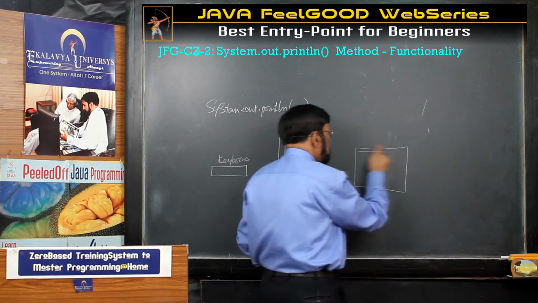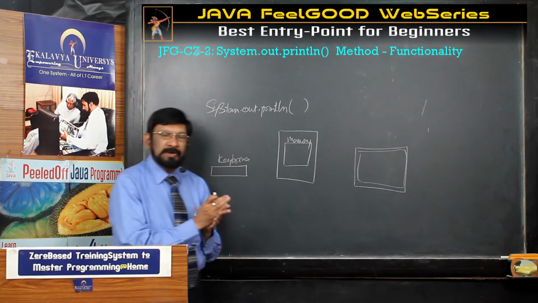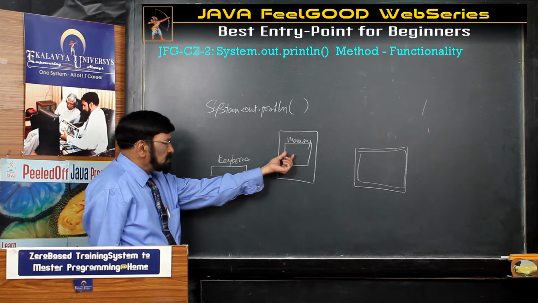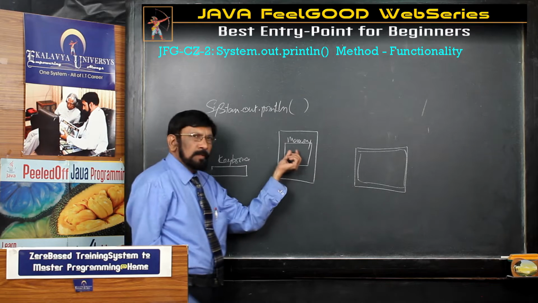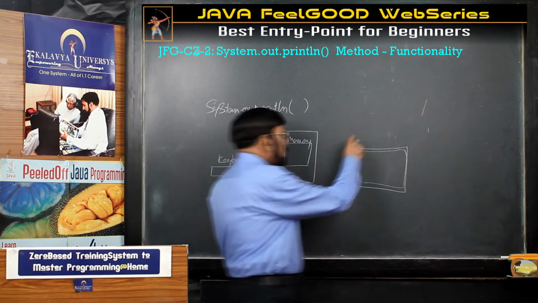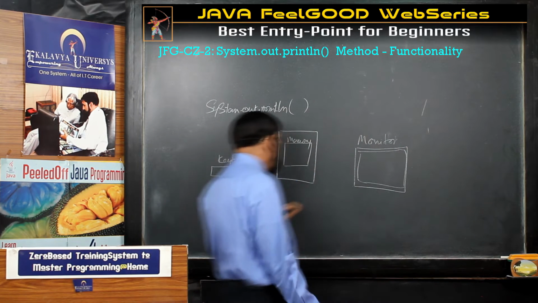It is displayed on the monitor screen. These are three different components. Now, how is data transmitted from keyboard to memory, and from memory to monitor screen? That is just basic information you should have.